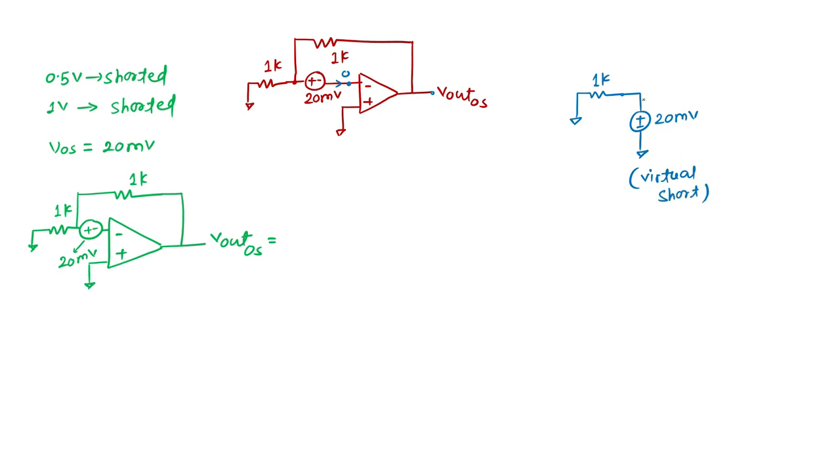In this, the current is zero, and what is the rest is simple, this network 1k, and whatever the current will go through it, it will take inside. This is my V out.